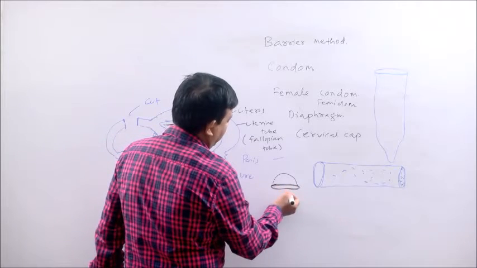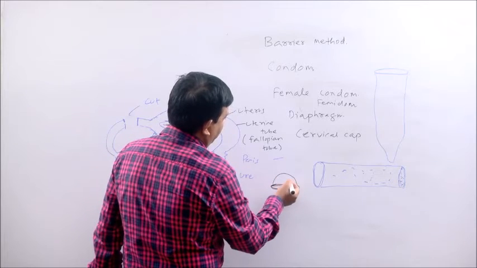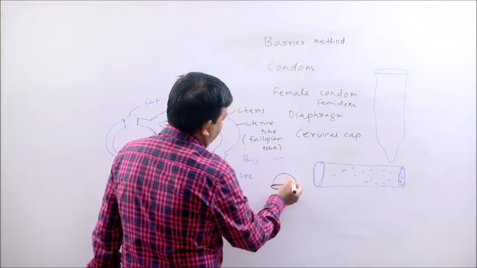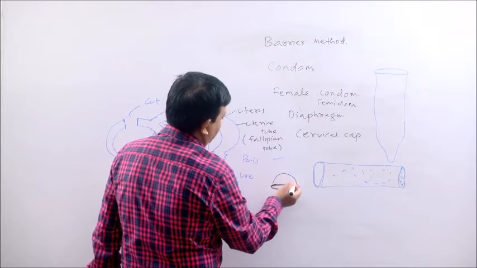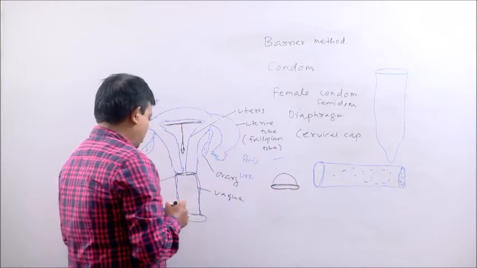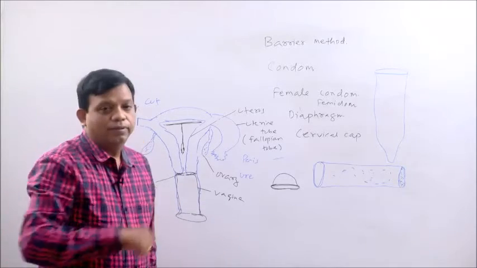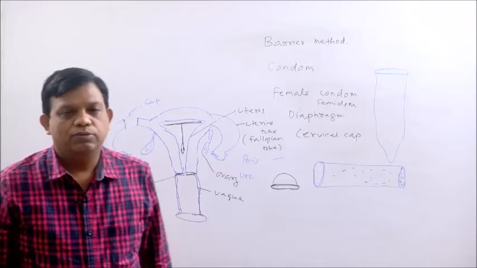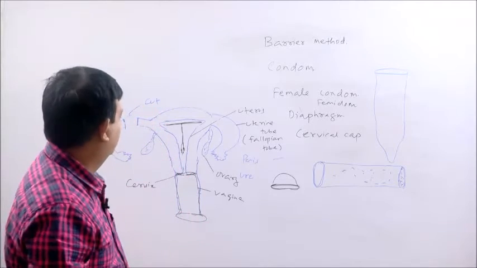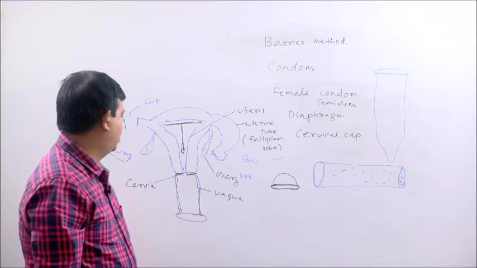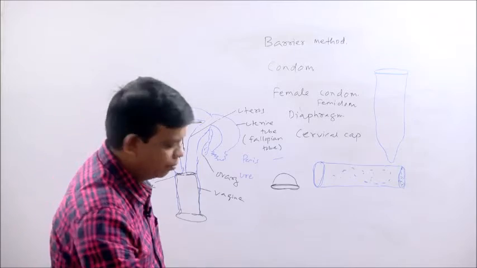It has a flexible ring here. It is made of rubber, and you can see here it has a dome-shaped part. Before sexual intercourse, the female partner puts it over her cervix.